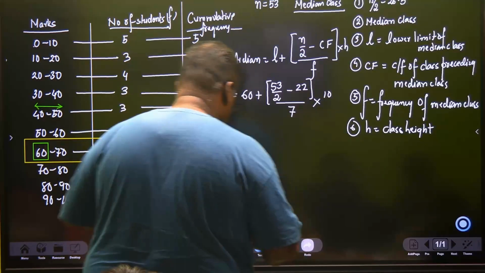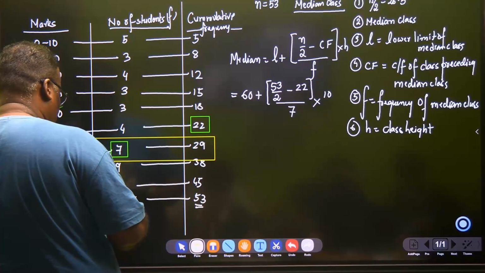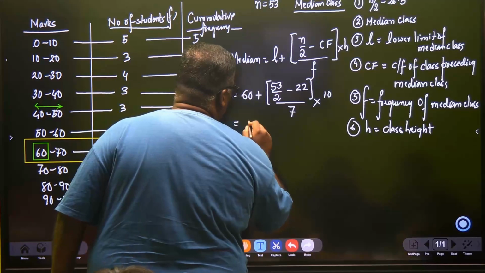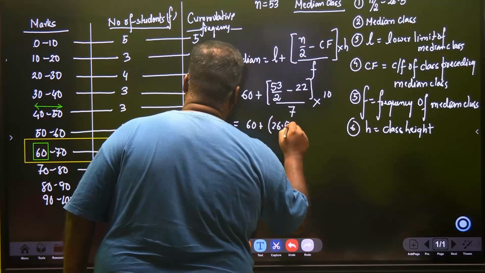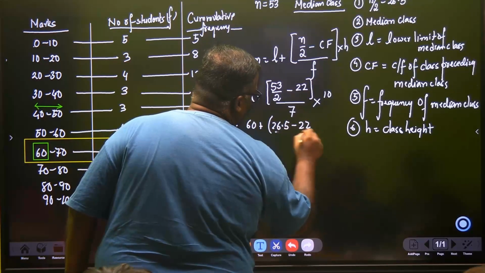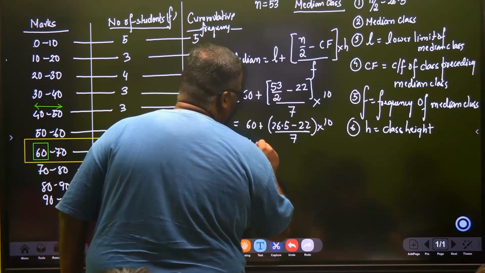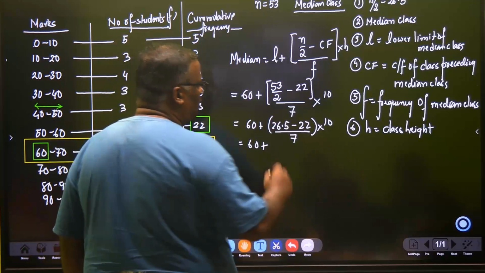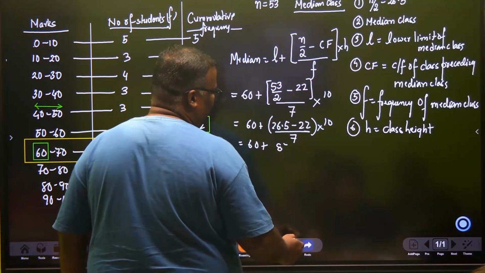N by 2 minus CF divided by 7. So let's do it. This is 60 plus 26.5 minus 22 divided by 7 multiplied by 10. So that's 60 plus 26.5 minus 22 is 4.5.